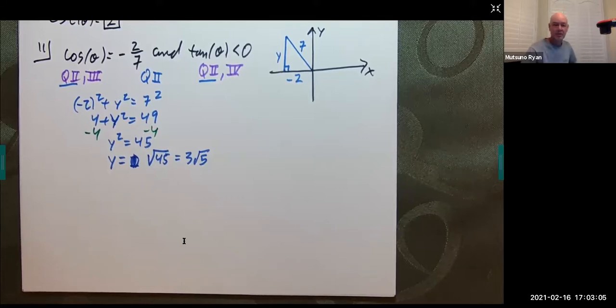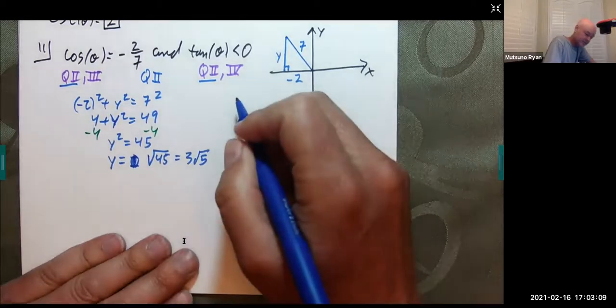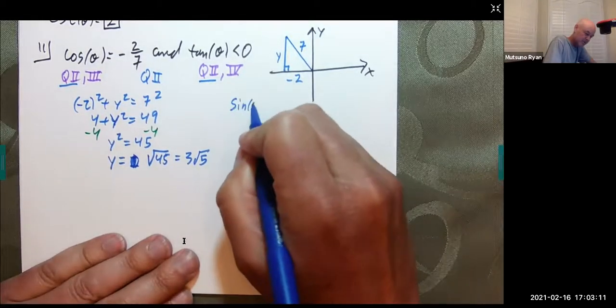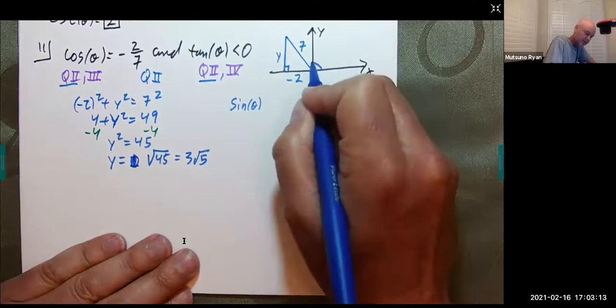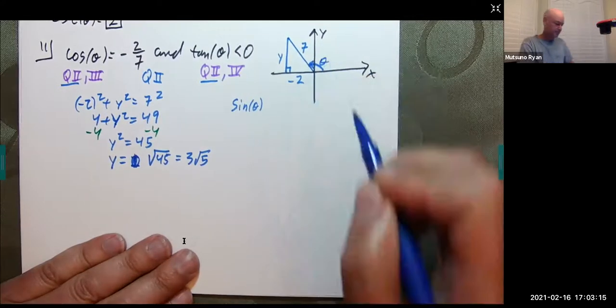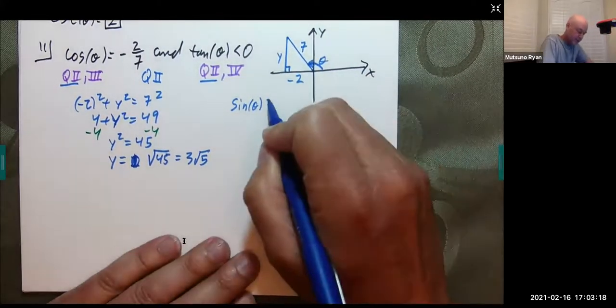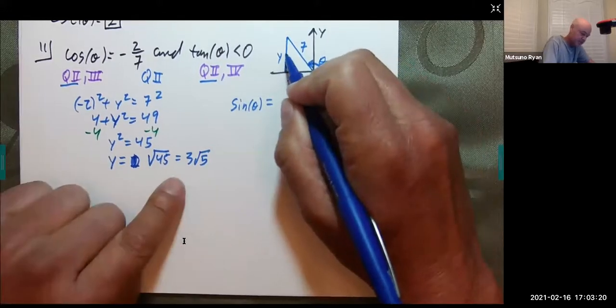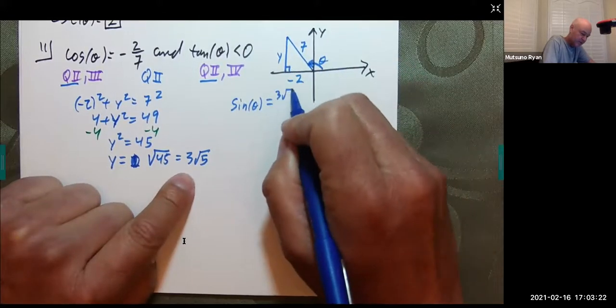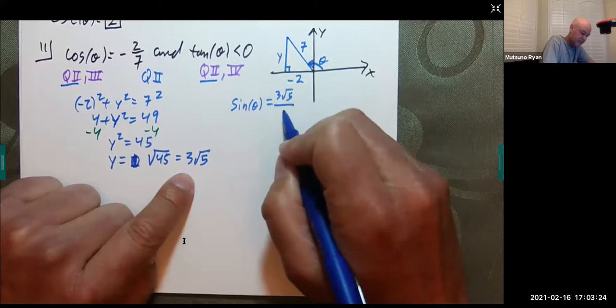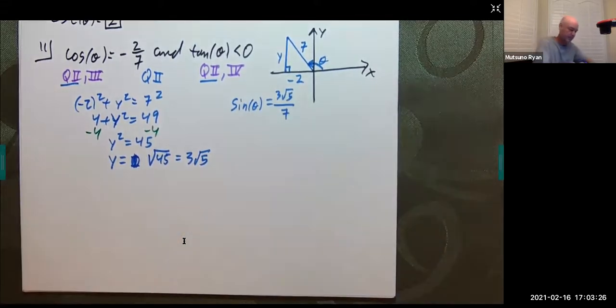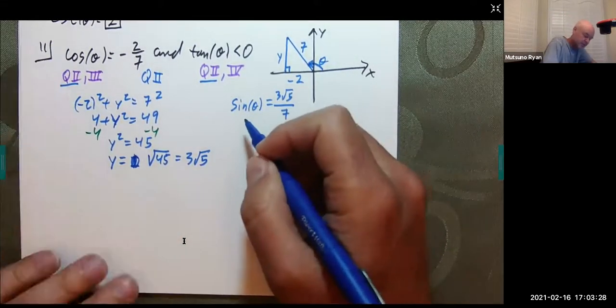And now they want to know all 6 trig functions, or the remaining 5, I should say. So we'll start with sine of theta. Theta is here. Sine of theta is going to be the opposite. So this is the 3 root 5 over 7. Cosine I have right there.